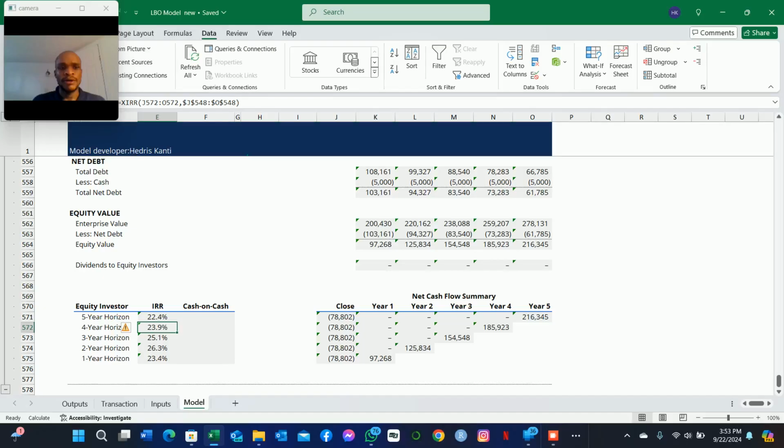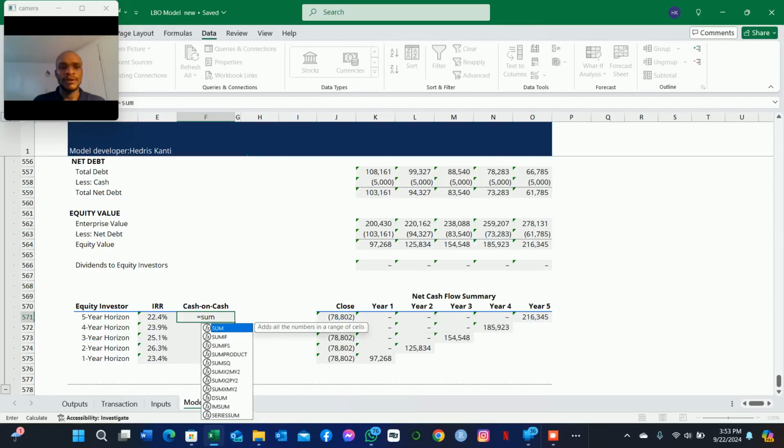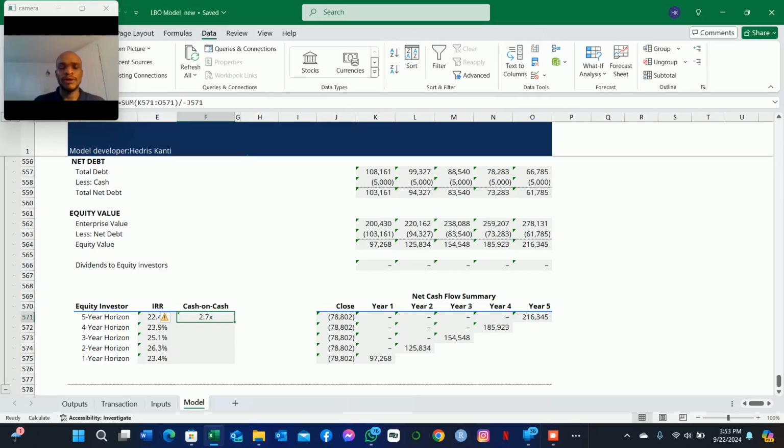So having done that, now we want to calculate the cash on cash returns. In this case, it's going to be equal to the sum of whatever the cash flows were, we sum all of those, and then we divide it by the initial investment amount. So we have it there, 2.7 times.